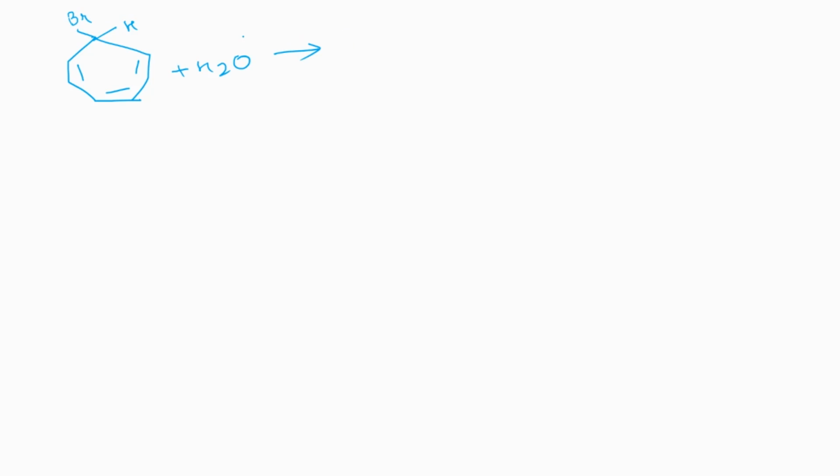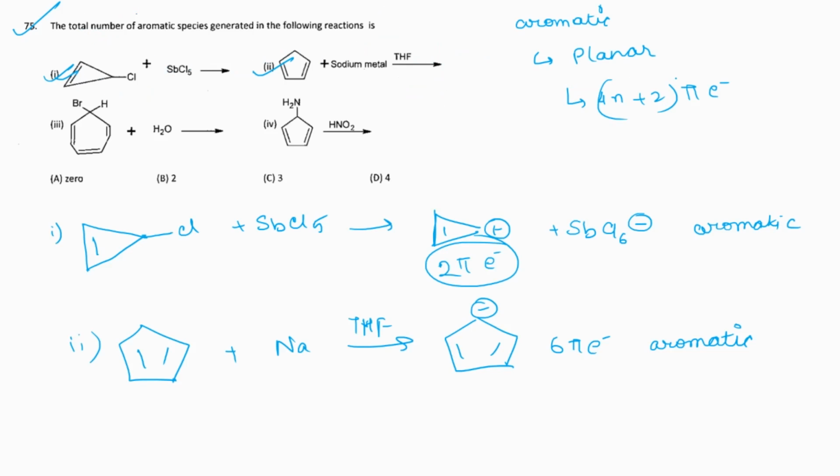Your bromine will get out from here, and you will get a positive sign over here, forming HBr, or it can remain as a normal species as well. It will make it a planar one, and it has 6 pi electrons. So it is also aromatic. Now, up till now, we have found 3 to be aromatic. So this is not my option, this is not my option. So either it is 3 or it is 4.